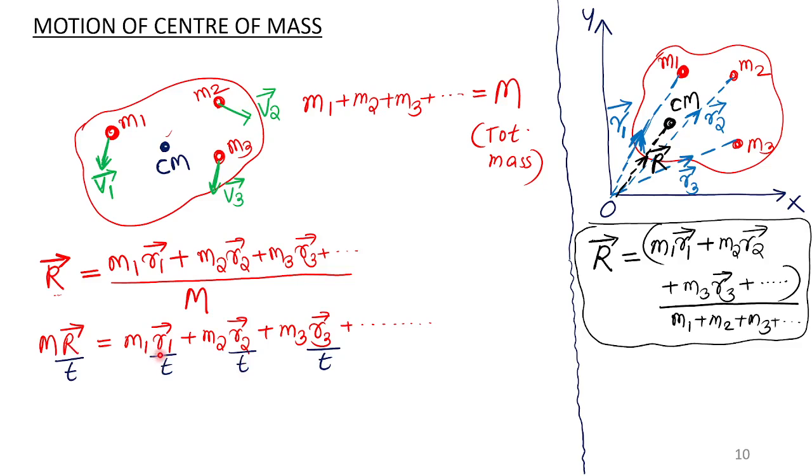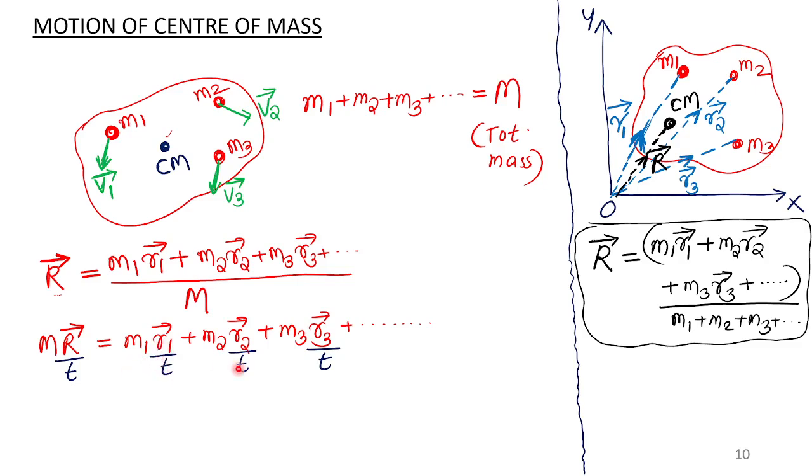A quantity divided by time is the change in that quantity in 1 second. So r1 by t means in 1 second how much change happens in position r1.